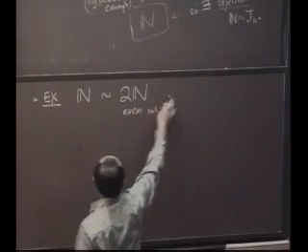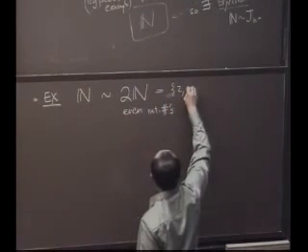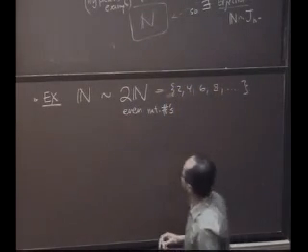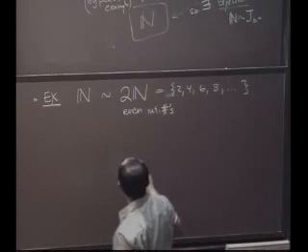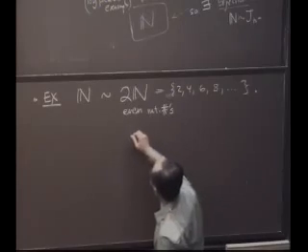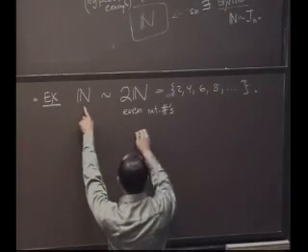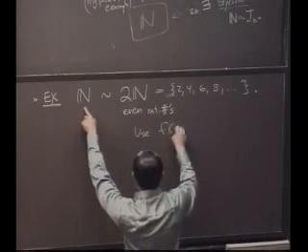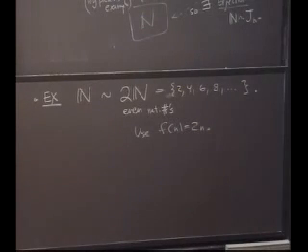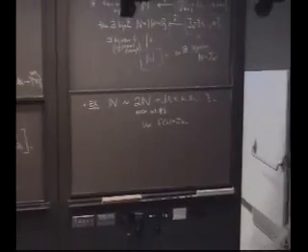Here are the even natural numbers: 2, 4, 6, 8, dot, dot, dot. And what's the correspondence then? What would I associate to a number here? Yeah, f of n equals 2n. So the natural numbers and the even natural numbers have the same size in some sense. Okay?